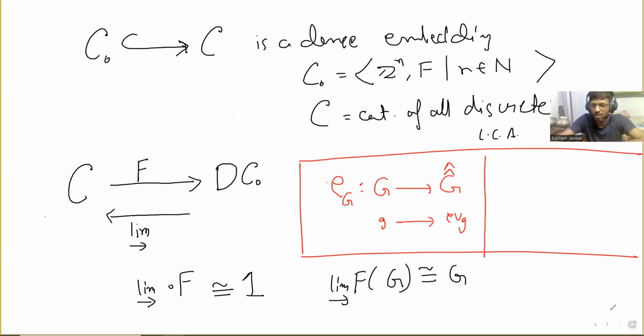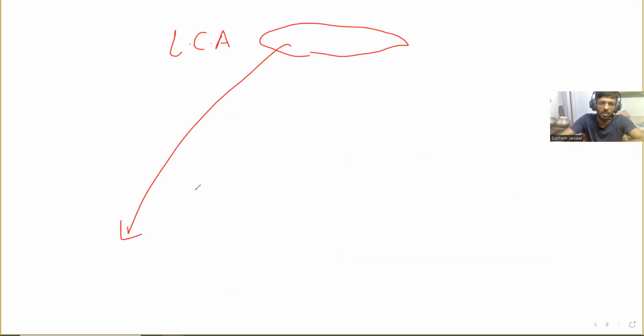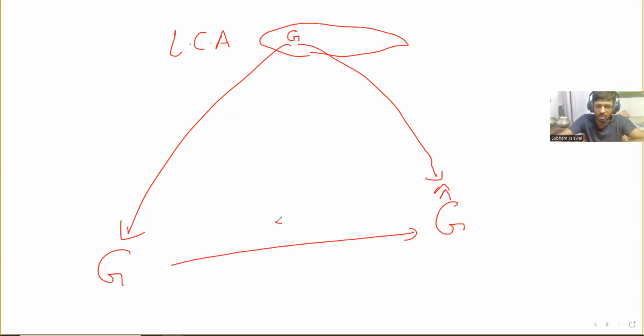So what this rho G is doing is that you have this category LCA, and you have two functors coming out of it. I'm used to drawing this diagram, so I'm drawing it. Two functors: one is the identity functor, which takes a group G and sends it to G, and one is this twice hom functor. And you have this rho G.